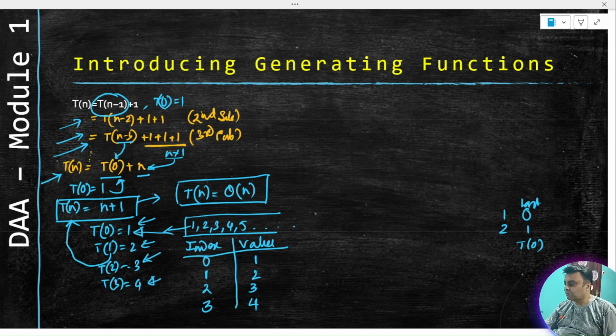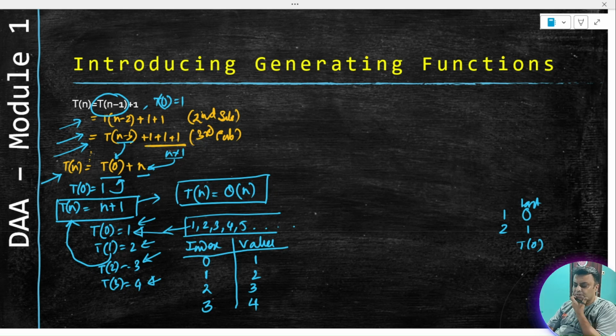So that way I wanted to make you understand that this T0 that is here represents what? It represents if n is 0, then what is going to be my work done? What is going to be the time taken to get the work done? Then if n is 1, what is going to be the time taken to get this work done?